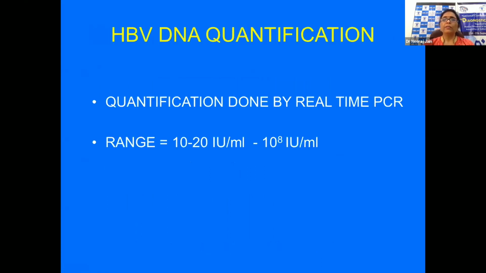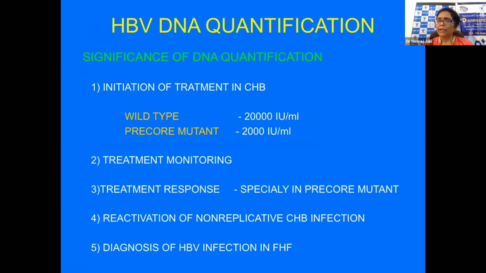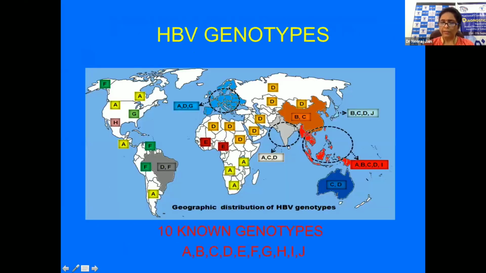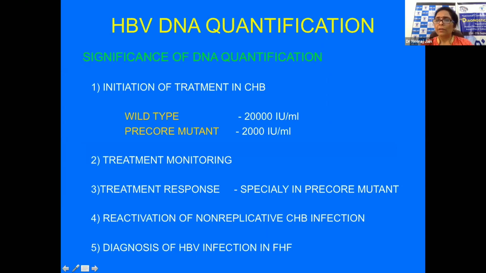Next, lastly comes the HBV DNA, which we do by real-time PCR. What is the clinical significance of DNA? DNA is a very important marker which we assess in patients with chronic hepatitis B to start therapy.